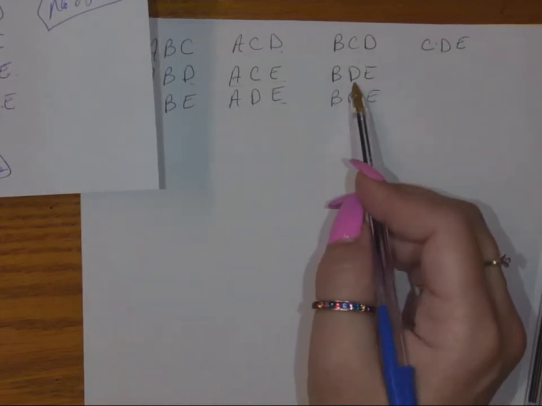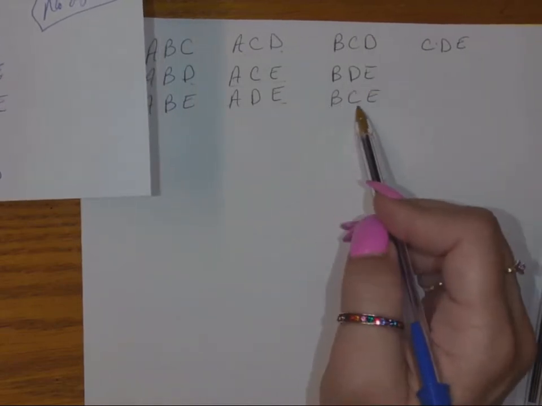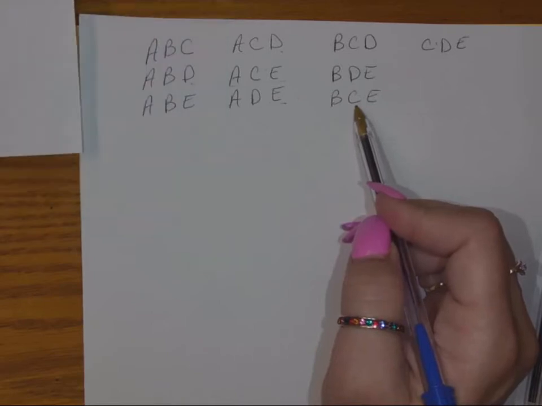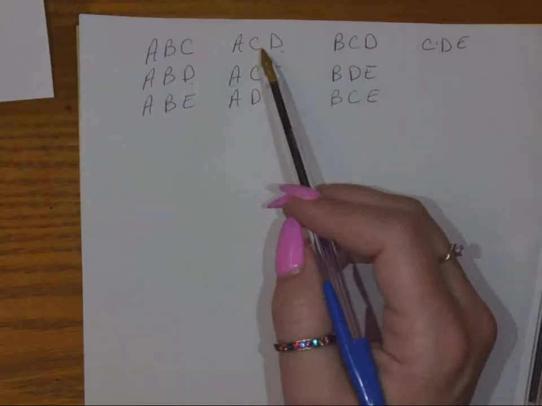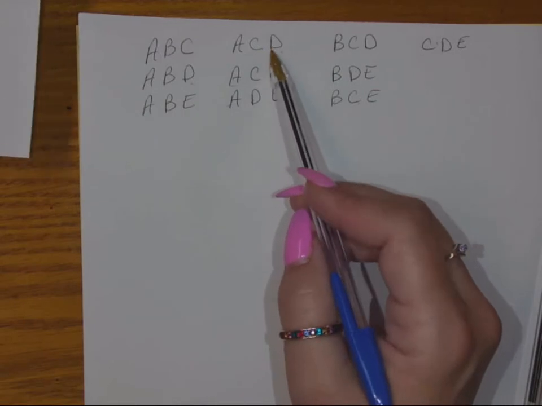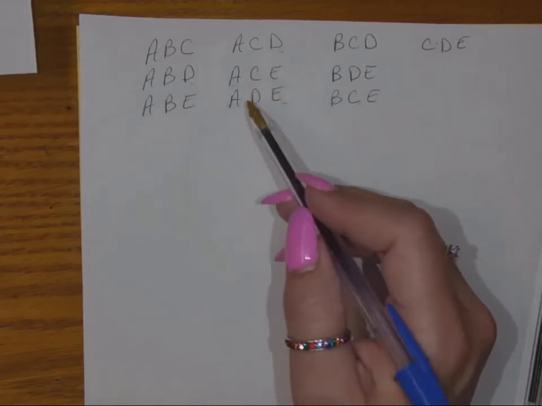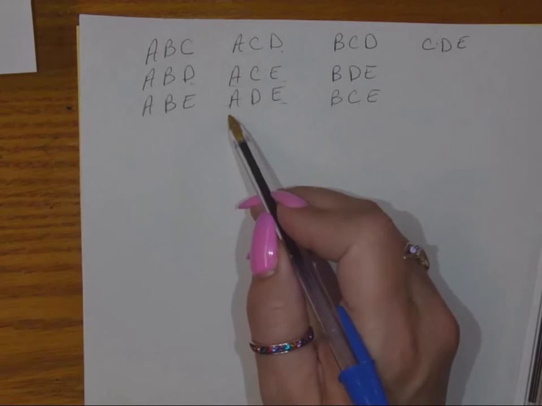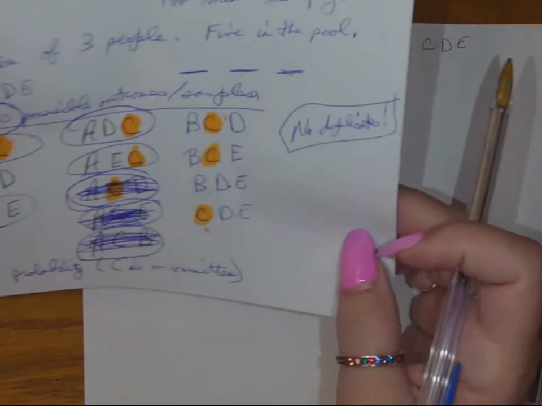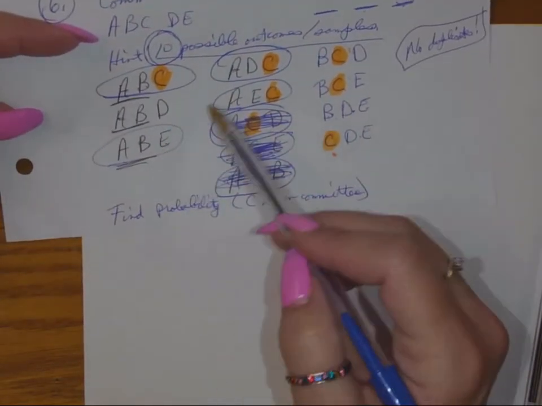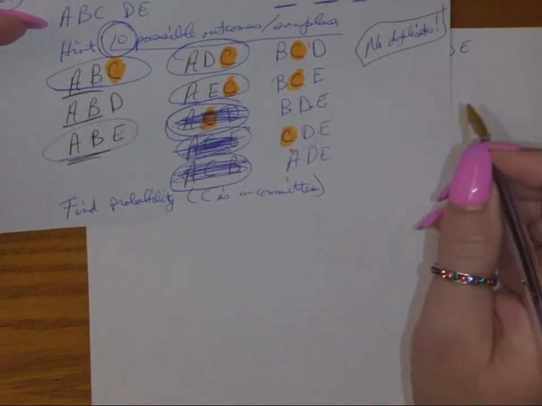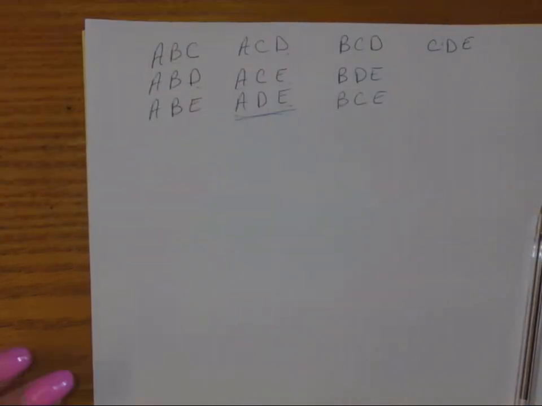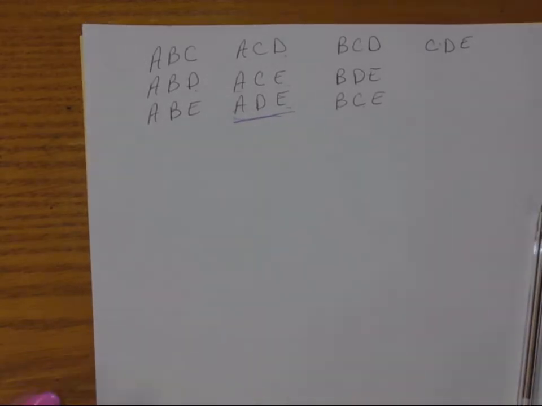B, C, D, B, D, E, B, C, E, and my problem back here is that I didn't have A, D, E. I didn't have that as one of my options. I was missing that guy. So I had a duplicate and I didn't have this guy in there. Okay, so now I should be good.